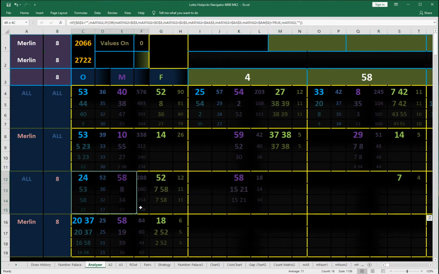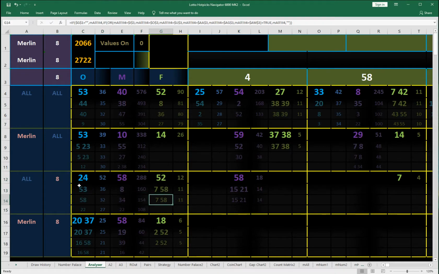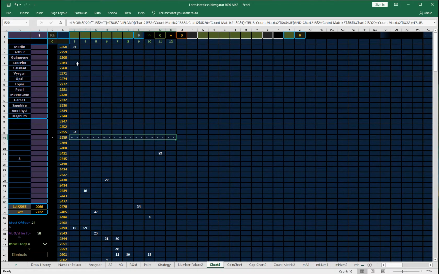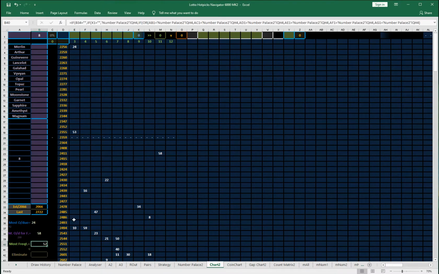And each one of these yellow rectangles is an analyzer cell, and it's specifying most overdue for frequency, most frequent. And that's basically this chart. So you've got 24, 58, 52.